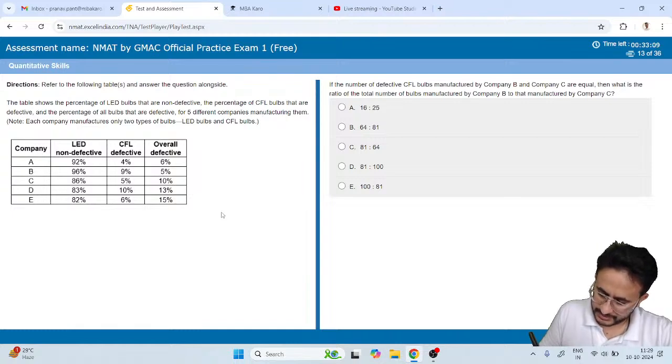So B and C, CFL, LED. So CFL is 5:9, 500 and 900. So LED is 4:1. So LED will be 2000 in this case, and 5:4. 5 ratio, that will be 11, 25. 25 से divide करेंगे, that will be 49, 80.